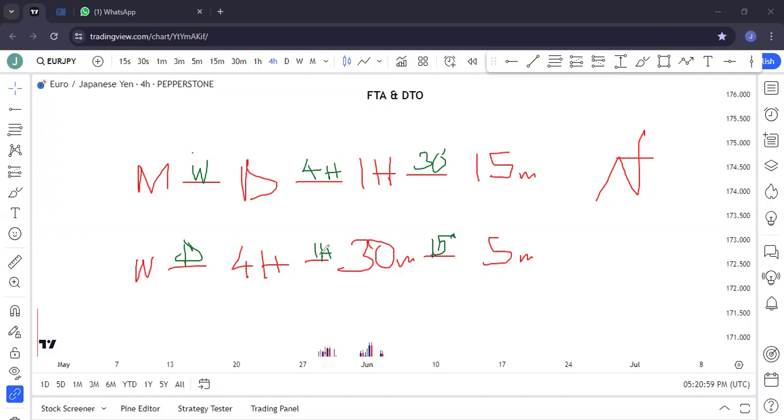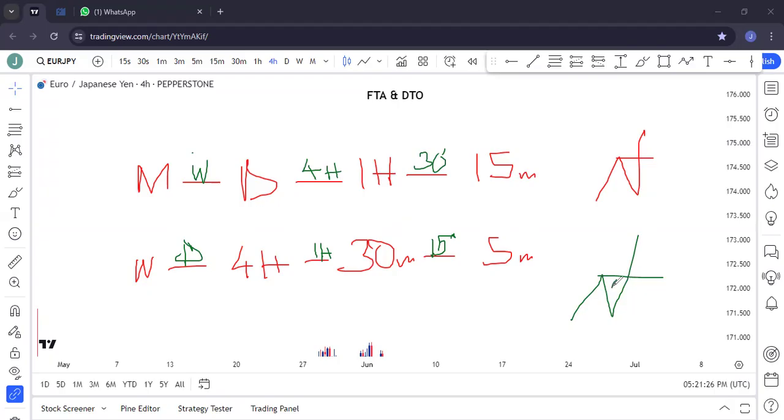So now here is the deal. These time frames that are not appearing in the series you're using, those are the time frames we are going to use to confirm FTA. So for example, you have a structure.